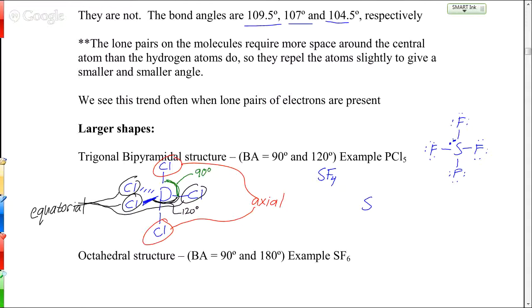And that tells us we have a trigonal bipyramidal type electron geometry. So let's draw that. The question immediately becomes, where do we put the electrons? Do we put them on an axial bond, or do we put them on the equatorial bond? What do you think? How would we even make that decision?